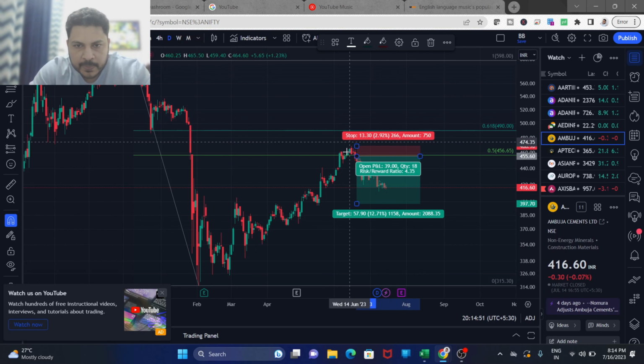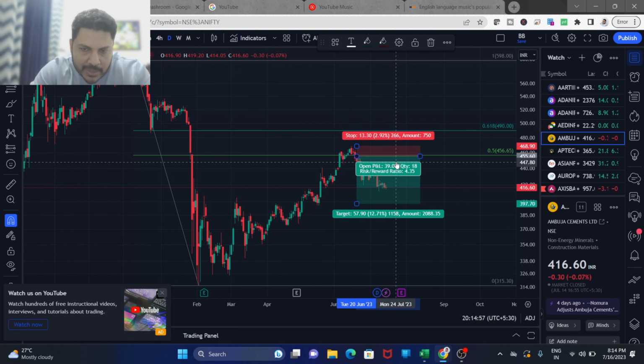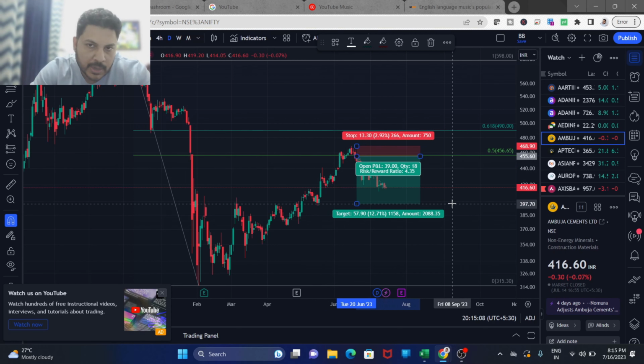This is the entire holy grail of the market, that your losses should be small, your gains should be bigger. So if you are managing this like a robot, you're not letting your losses become big and then rewards become small, then you are 100% successful in the stock market. Nobody can stop you. The randomness is there in the market.